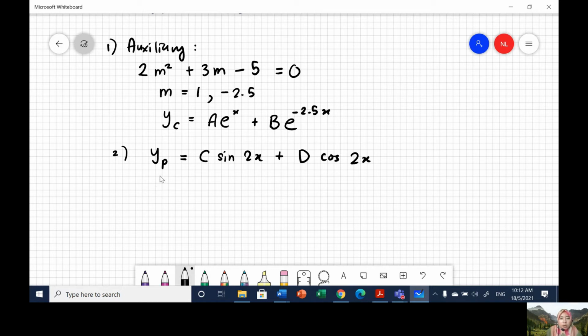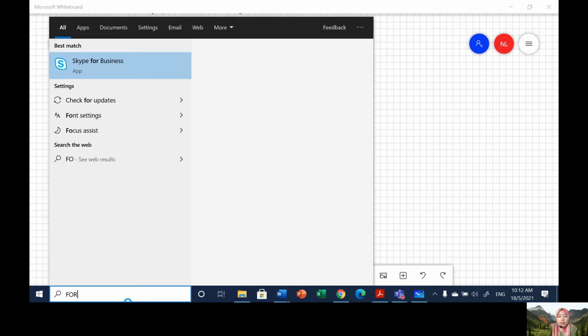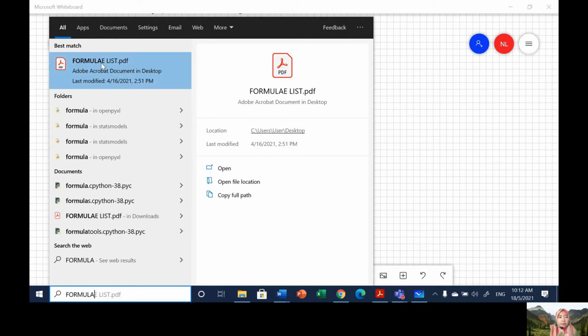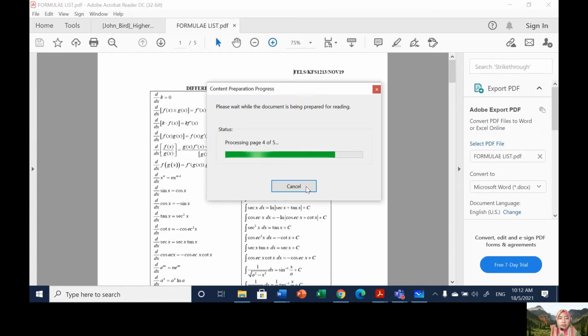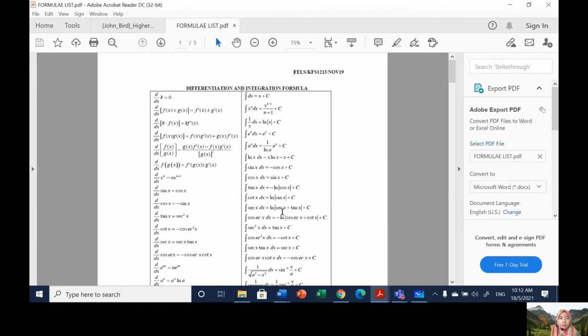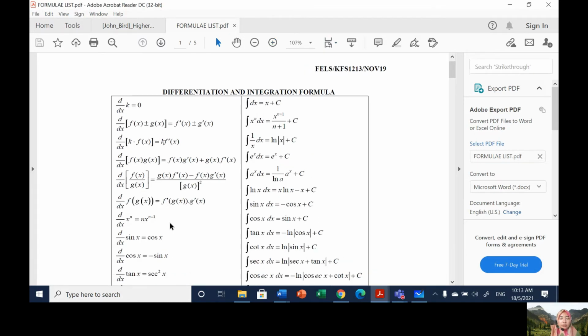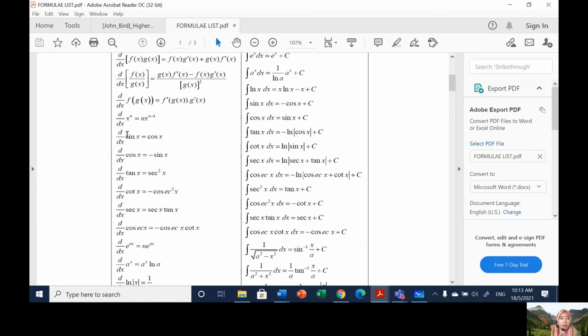Next, we are supposed to find the derivative. We differentiate this yp for the first derivative. You can refer to the formula list if you don't remember. Refer to this first column: the derivative for sine is cos, and the derivative for cos is negative sine.